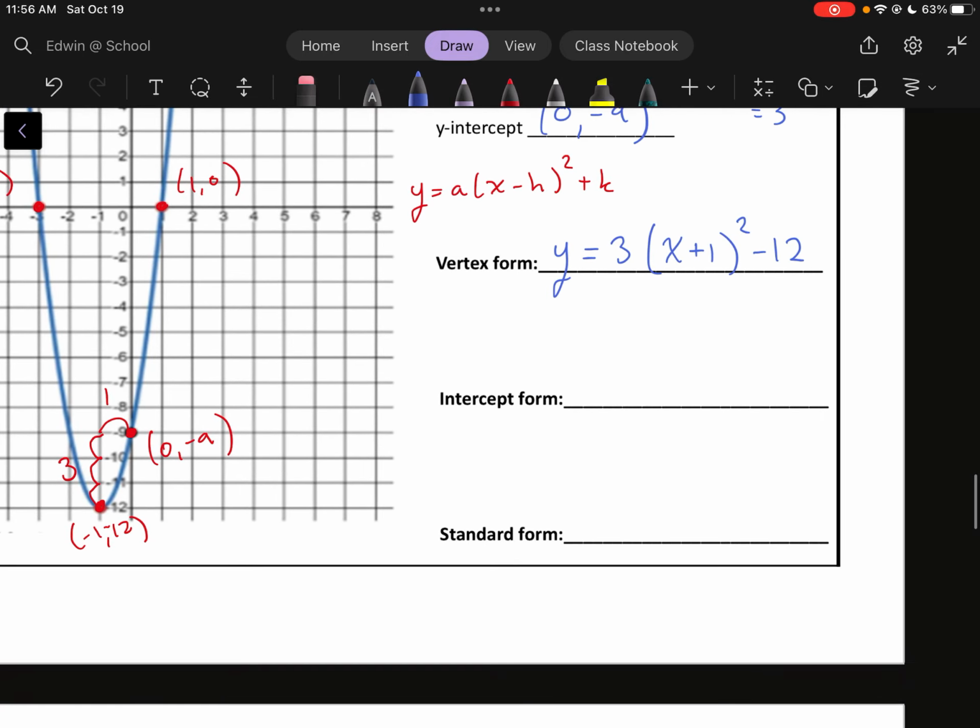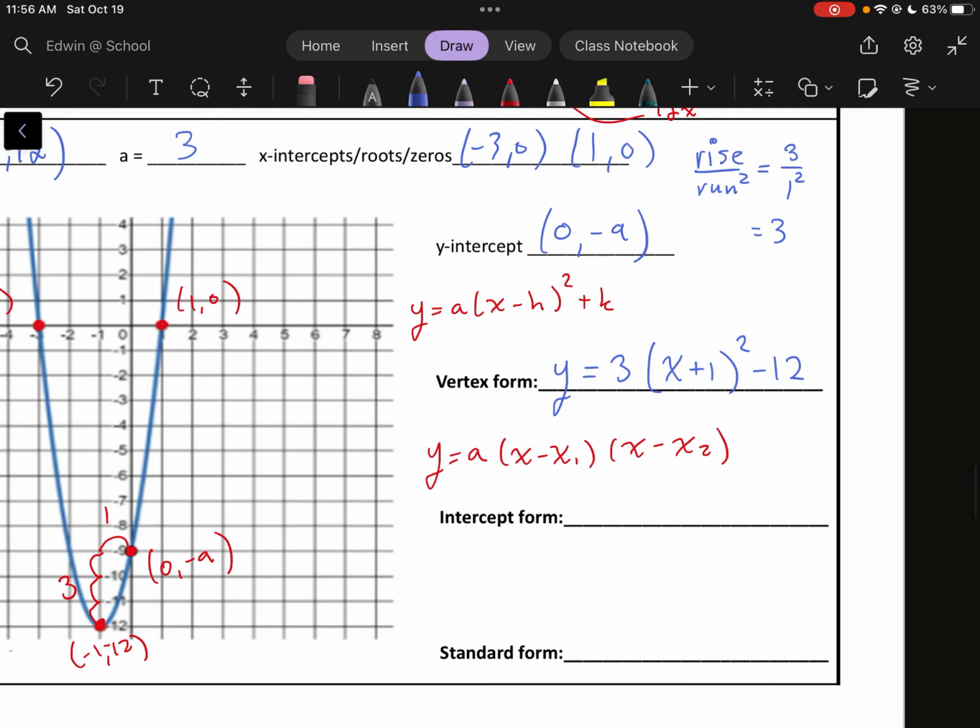Finally, we got our intercept form. Y equals a(x minus x1)(x minus x2). So we just look at our roots, our x-intercepts, and we put those corresponding values. So y equals a, which is 3, and we do x minus x1.